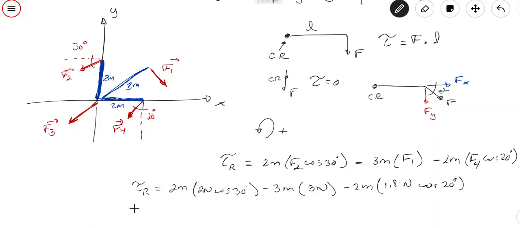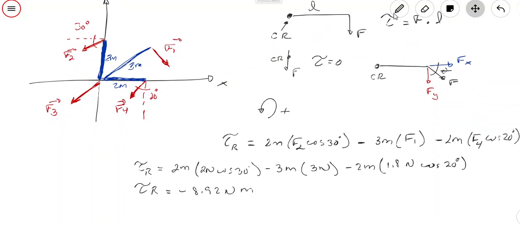So you do the calculations there, and you get that the resultant torque is equal to negative 8.92 newton meters. I got a negative sign because the resultant torque is clockwise. So I can say that my vector torque is 8.92 newton meters clockwise, right?